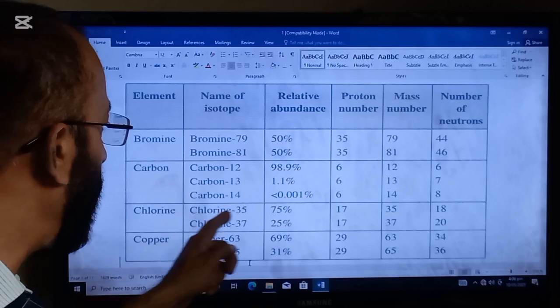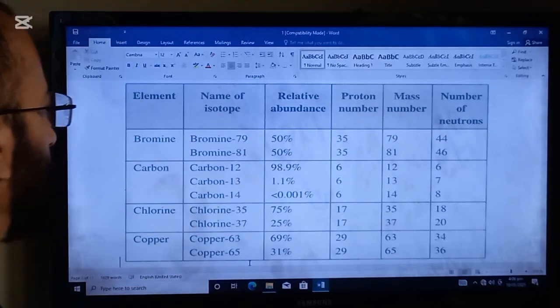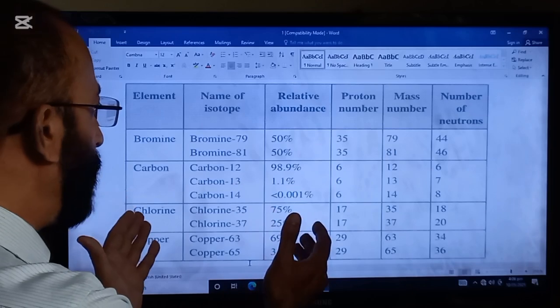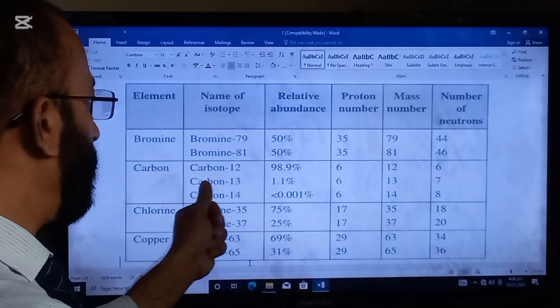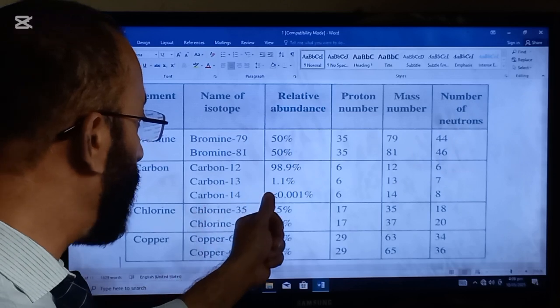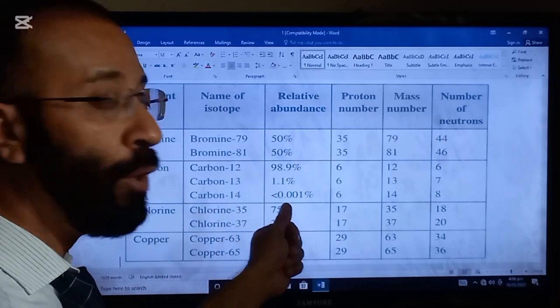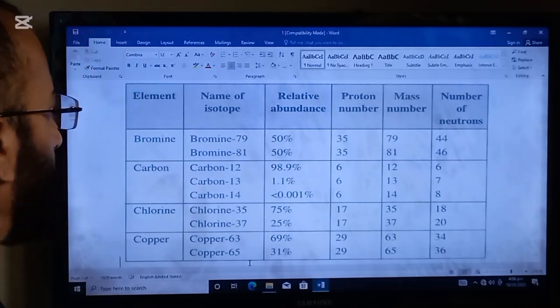Carbon has three isotopes, that is carbon 12, carbon 13 and carbon 14. Relative abundance in carbon: carbon 12 is 98.9%, carbon 13 is 1.1% and carbon 14 is less than 0.01%.